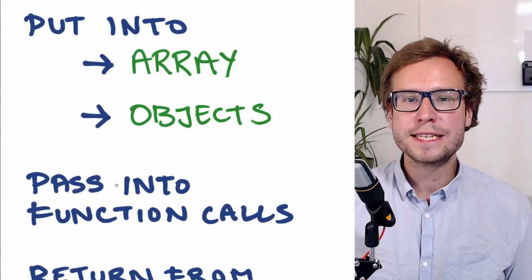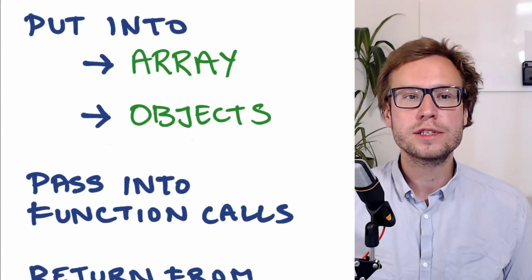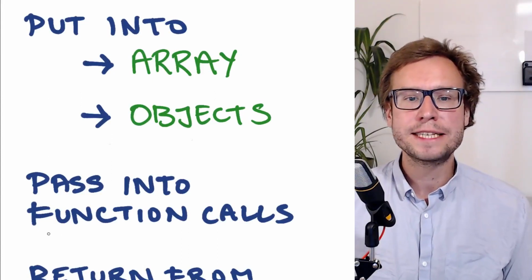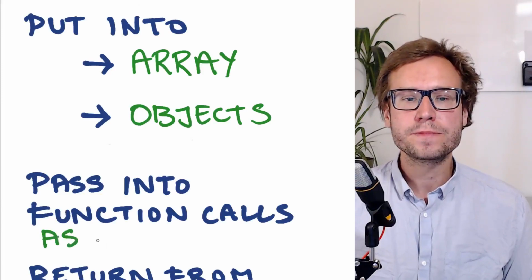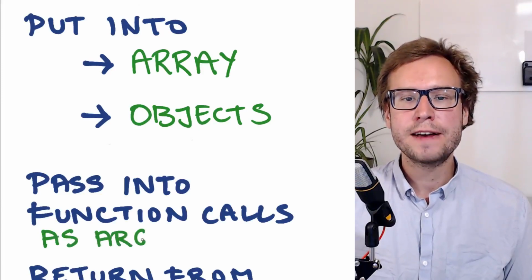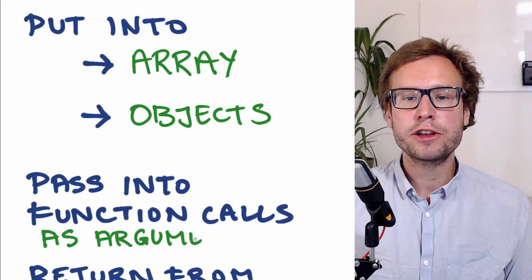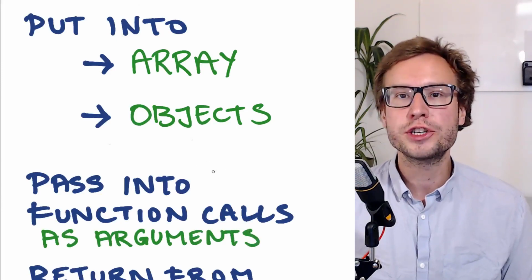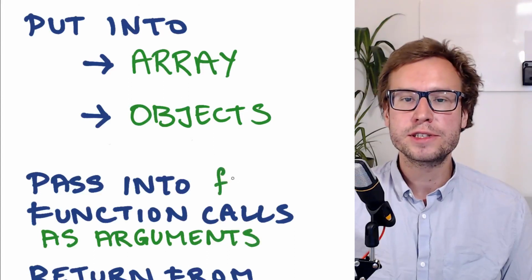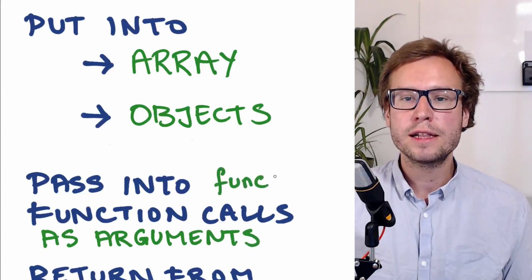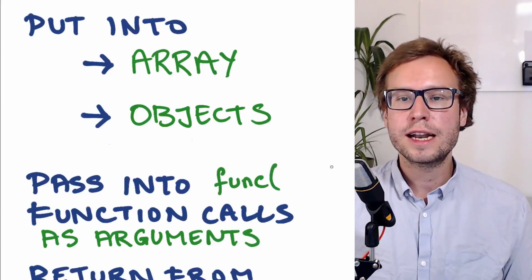You can pass values into function calls. Okay, so I'm talking about passing values as arguments into function calls. You're calling a function, and let me just clarify what I mean here. Let's say I have a function that I'm calling. Well, here's my value, right?